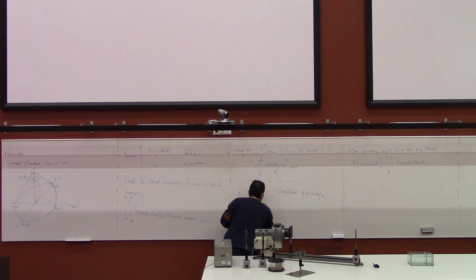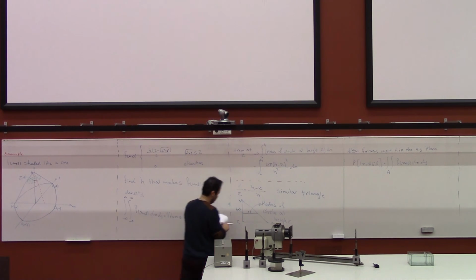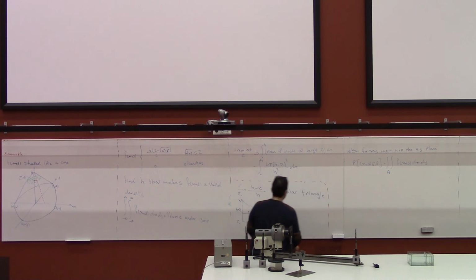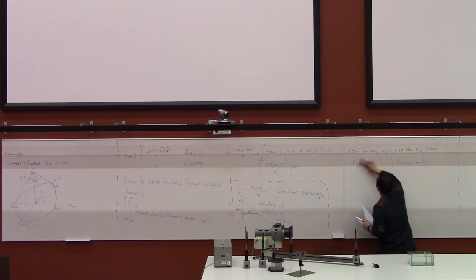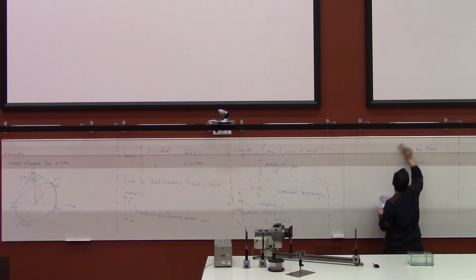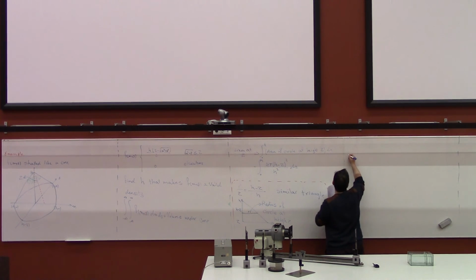Then we can say this is the radius of the circle at height Z. Okay, but it's not related to this course, just for your information. You can find it like this.